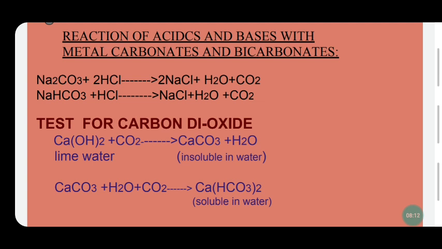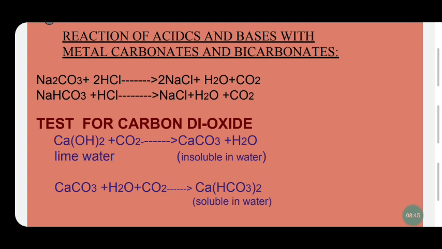To test the nature of the gas evolving, take a matchstick, light it and show the matchstick near the mouth of the test tube. The gas stops burning, or the fire extinguishes. This shows the presence of carbon dioxide, and this is the confirmatory test of carbon dioxide.